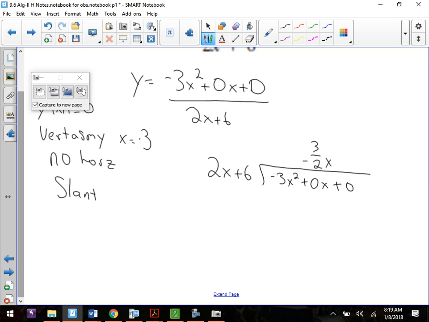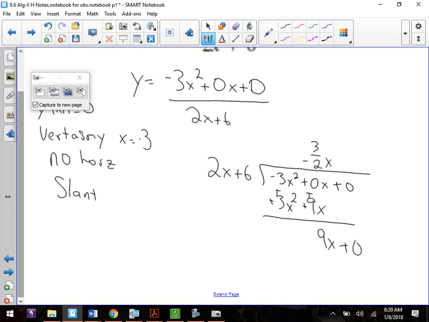I distribute that across. Negative 3 over 2x times 2 is negative 3x squared. Negative 3 times 6 over 2 is negative 9. We get minus 9x. Then we subtract both parts, and I get 9x plus 0.